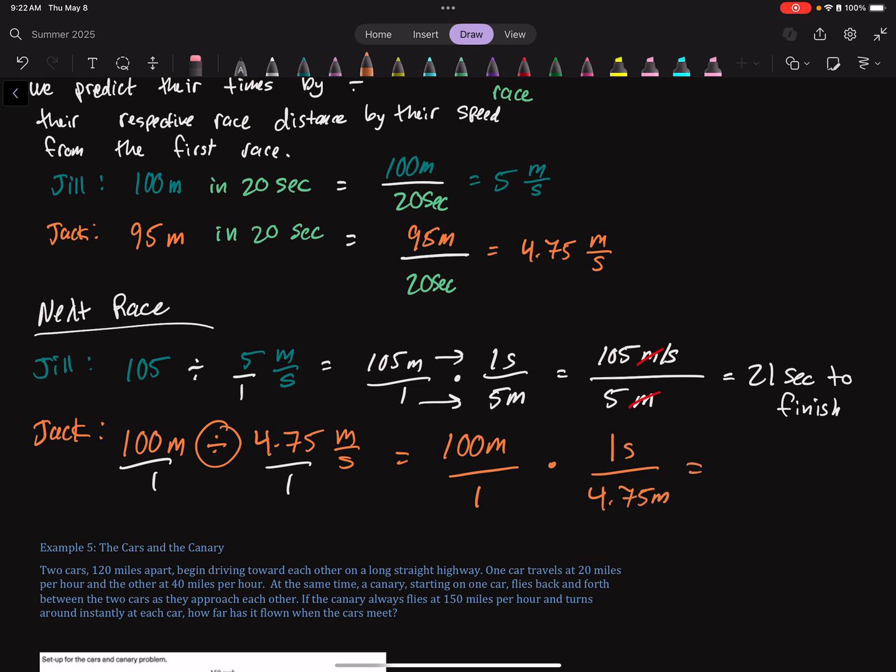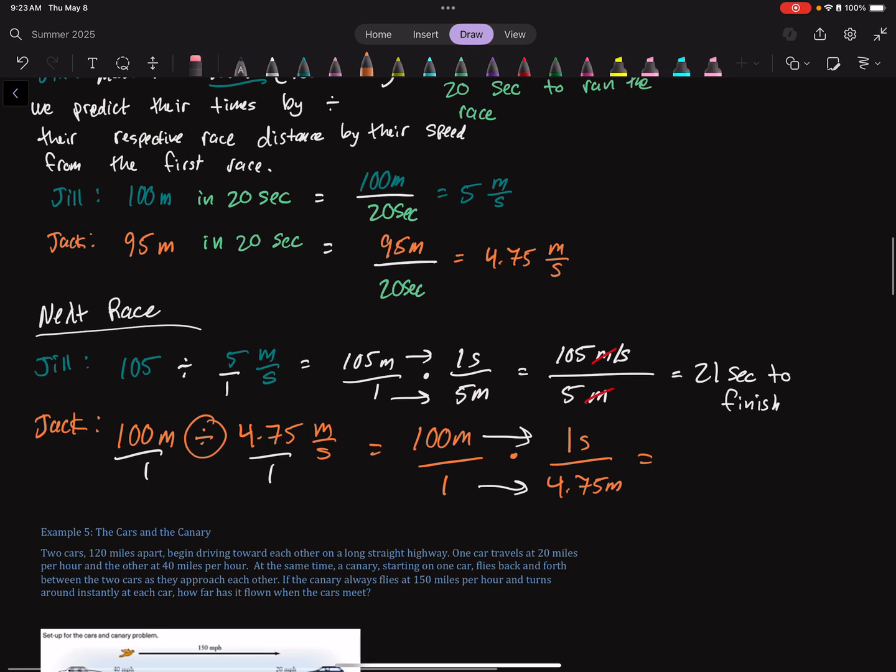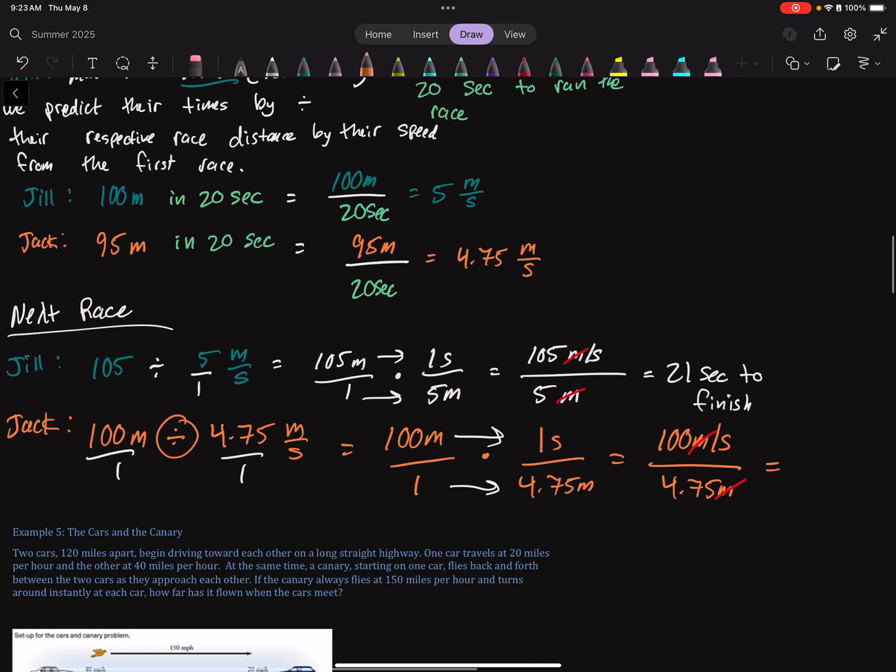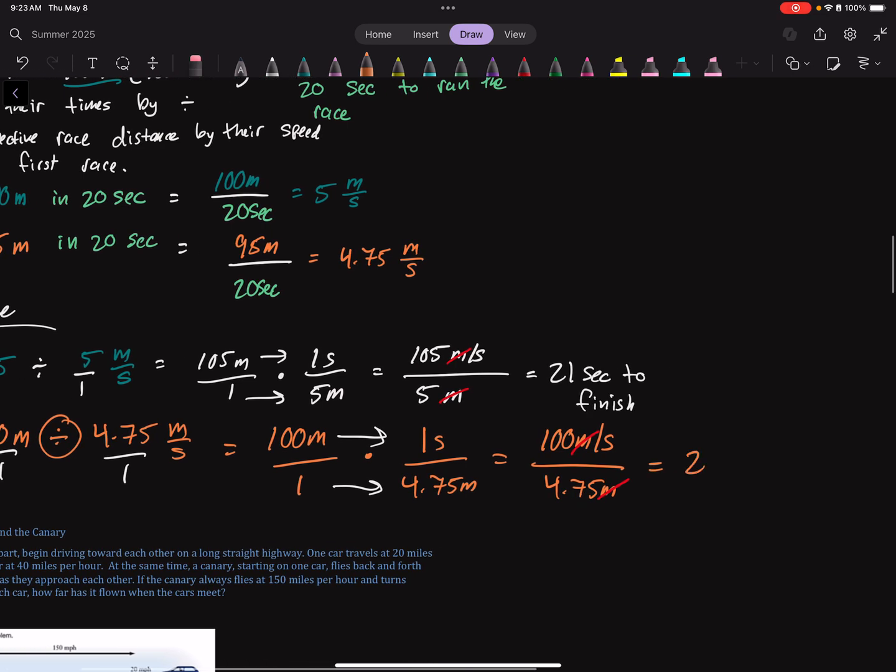You can multiply straight across, or you can cross multiply. It's up to you. You're going to actually have to multiply straight across, you can't cross multiply here. So 100 meters times 1 second, that's 100 meter-seconds. Then we have 1 times 4.75 meters, so that's just 4.75 meters. Because meters are on top and bottom, we cancel those out. And when we put that into our handy dandy calculator, 100 seconds divided by 4.75, we get 21.05 seconds to finish.